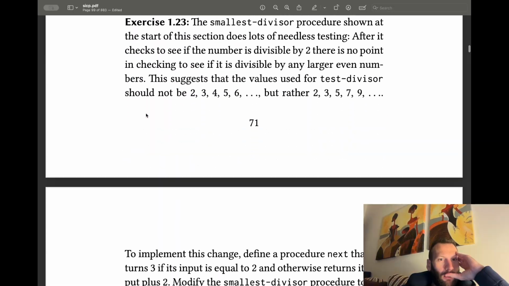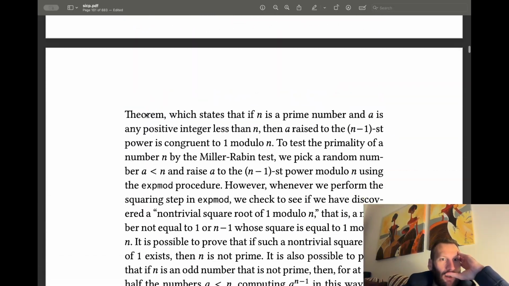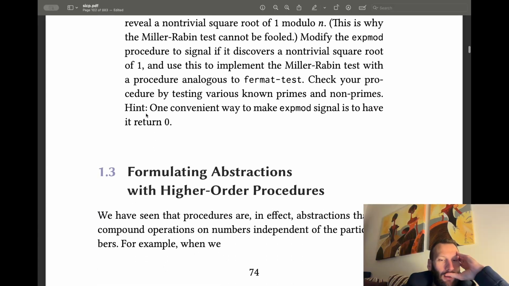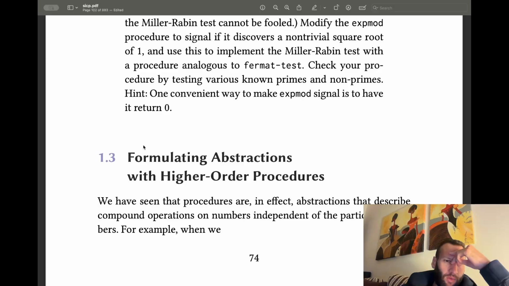Exercises, a lot of exercises. I think we are close to the end of 1.2. And then we will have formulating abstractions with higher order procedures.